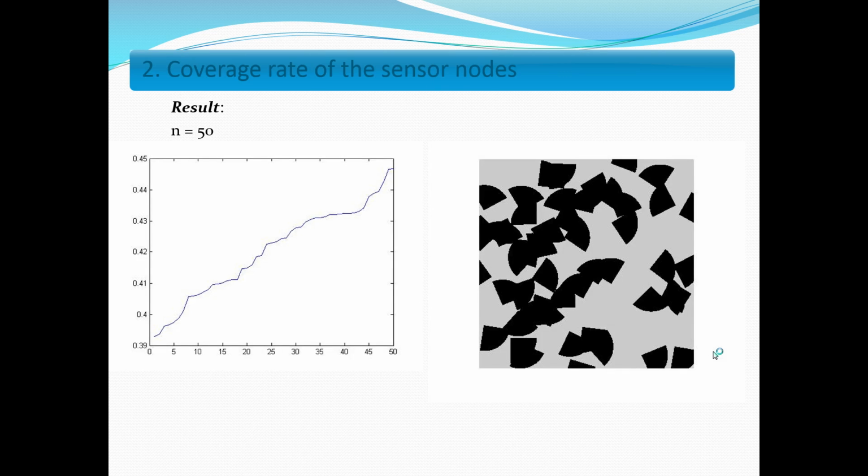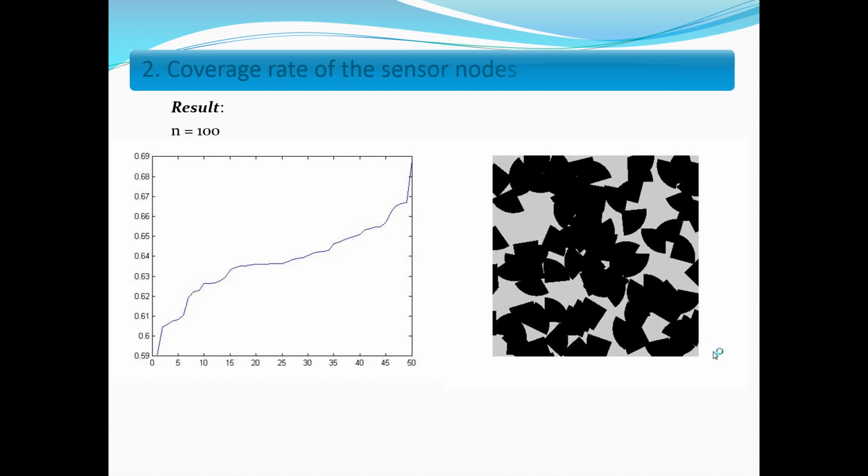Here's the result. When the number of sensors in the network is 50, we can see from the left image the coverage rate. The highest coverage rate is about 0.448. And in the right image, we can see the final distribution and angle of the sensors in the network. And this one shows when n is 100, the probability is about 0.689.